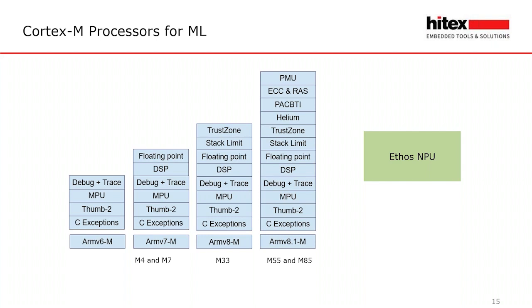So really the Cortex-M4 is probably the minimal Cortex-M processor that you'd use for machine learning. Moving on to Armv8, we have Cortex-M33, which again has floating point and the SIMD instructions, but additionally has the TrustZone peripheral, so we can implement our security model.